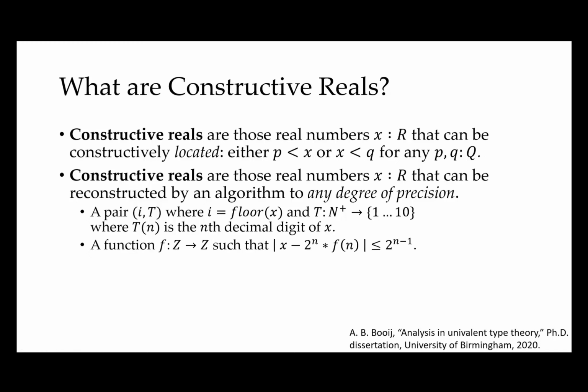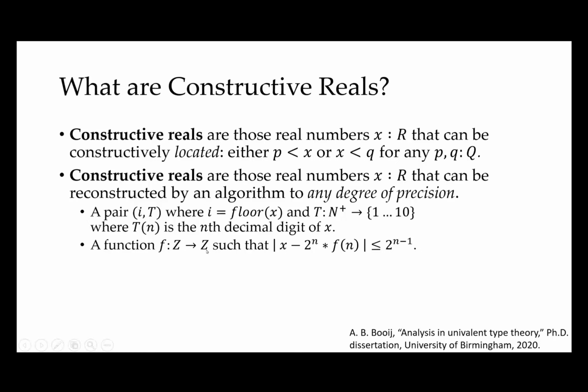Another way is you could have functions from integers to integers, where you give an input level of precision, and then you get some sort of output large integer that represents where, to that level of precision, you are on the real line.